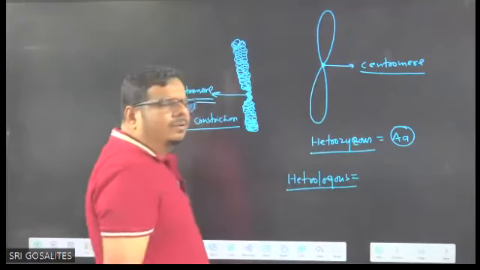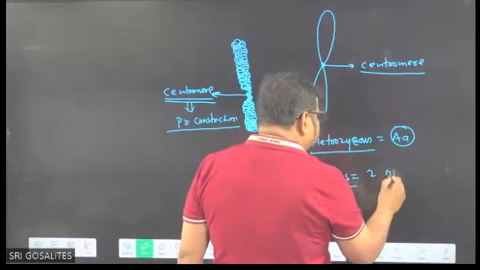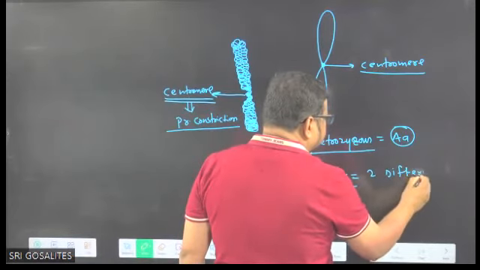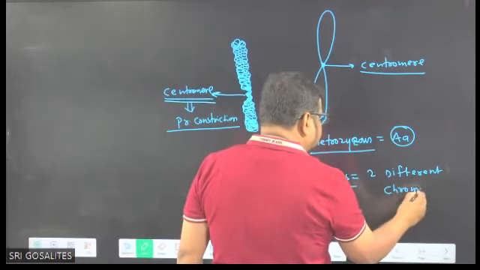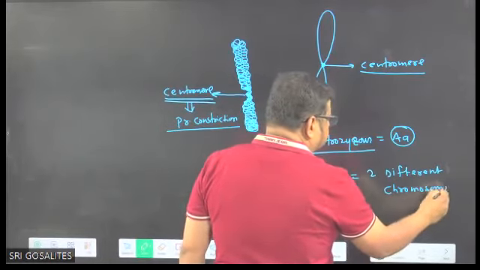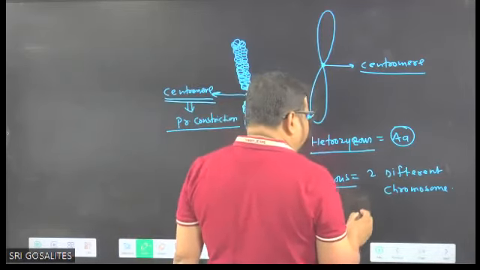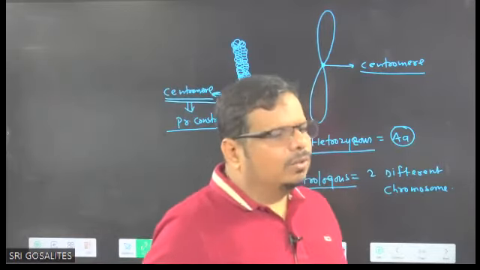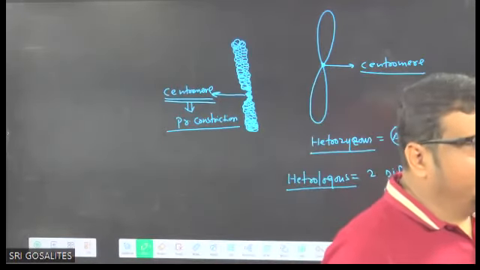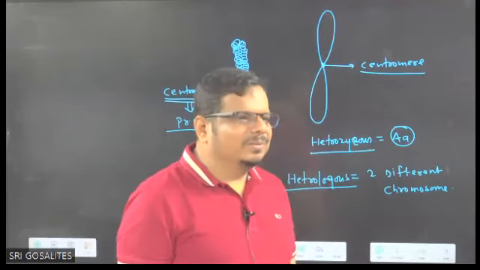Heterologous is two different chromosomes. Or how to know, sir, two different chromosomes? Better to say two chromosomes which don't have the same length, two chromosomes which don't have the same gene, are called heterologous chromosomes.